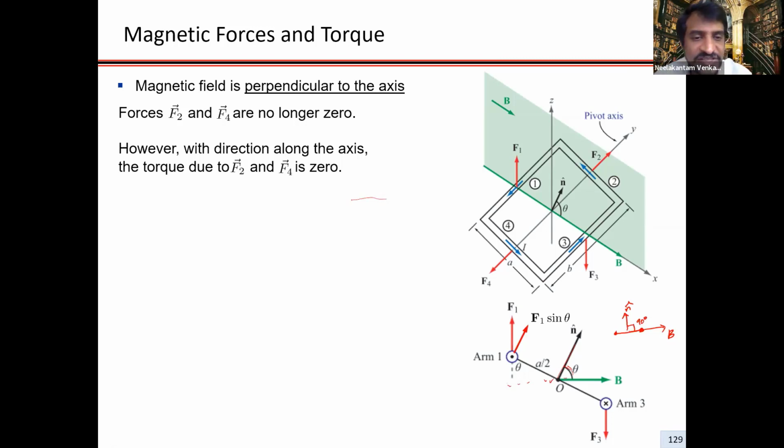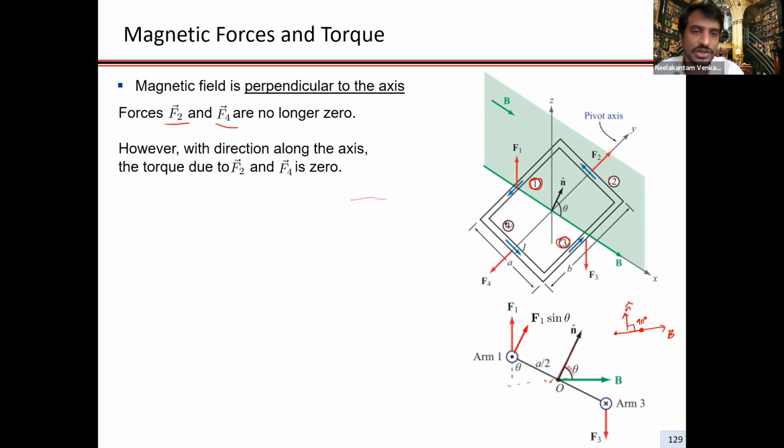Now that this has started moving, you would notice that your forces F2 and F4 are no longer zero. Why? Because section 1 and section 3 are still the same, but for sections 2 and 4, the angle between the current and the B field is no more 180 degrees or 0 degrees. But does it matter?